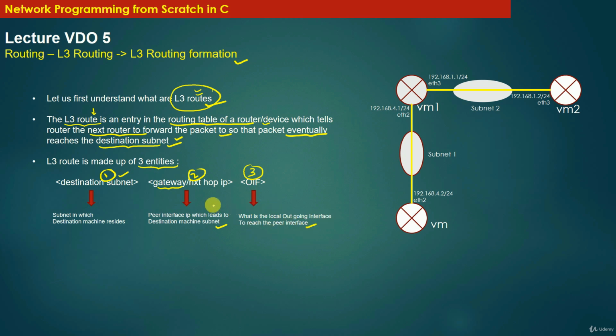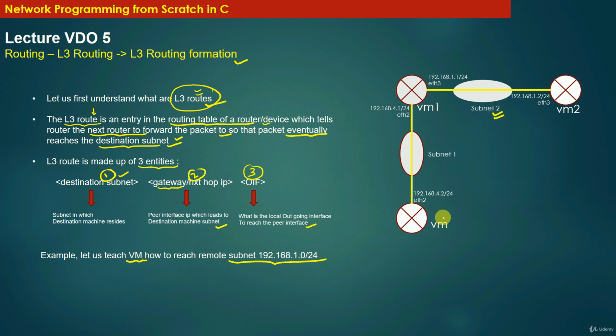So now let us take an example to understand what exactly a layer 3 route is. Suppose we want to teach the router VM how to reach the remote subnet 192.168.1.0, that is subnet 2.